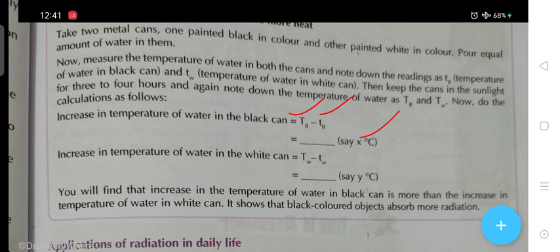The water in the black can will be higher in temperature than the water in the white can. So you will find that the increase in temperature of water in the black can is more than the increase in temperature of water in the white can. It shows that black colored objects absorb more radiation.